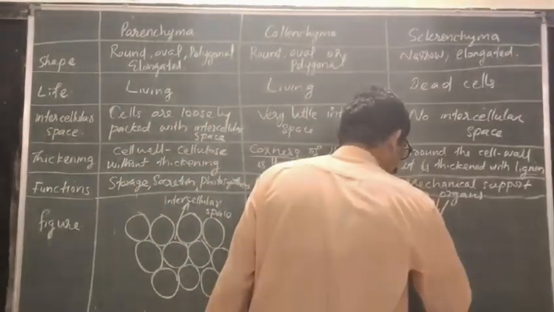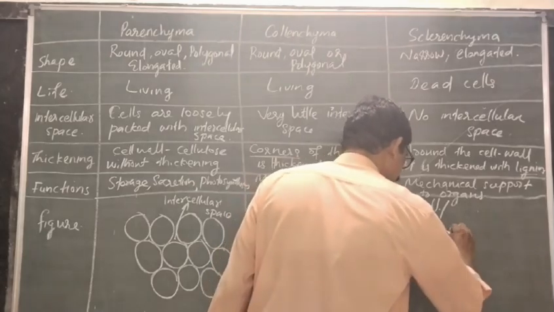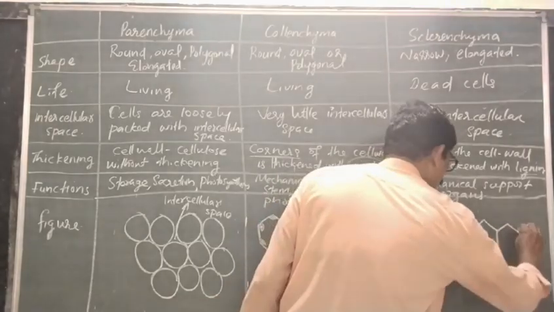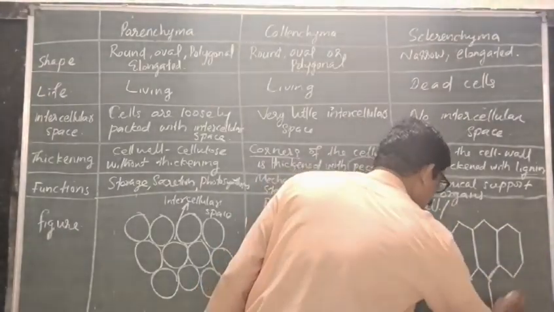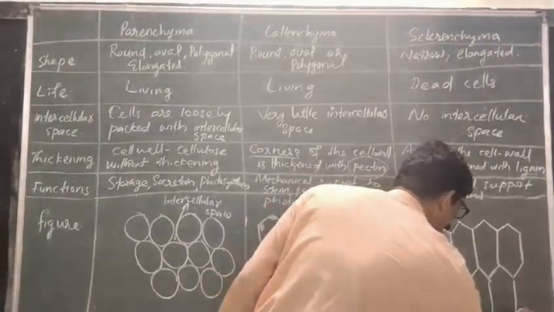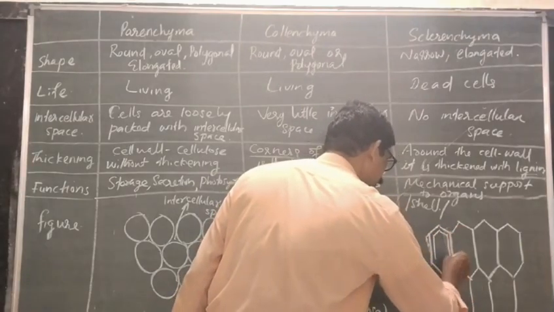And in case of sclerenchyma, cells are elongated and closely packed, and around the cell wall there is thickening. So thickening is present around the cell wall.